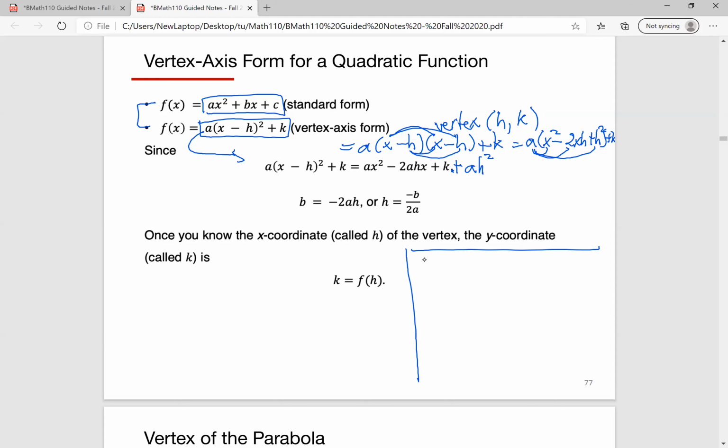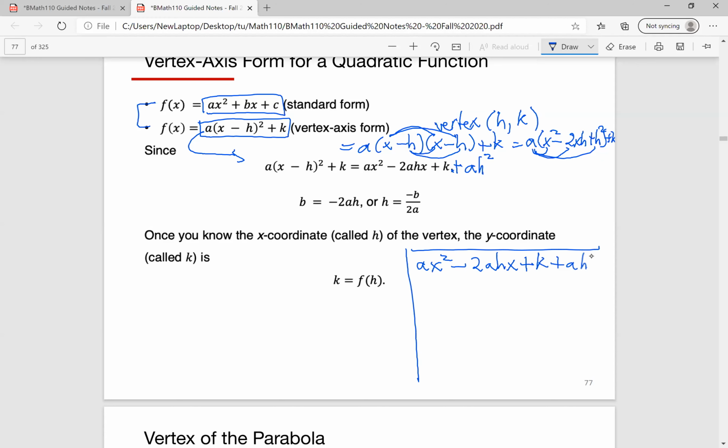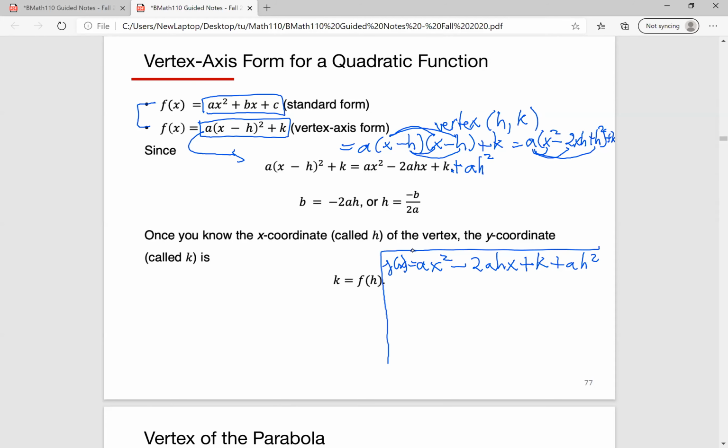I have ax squared minus 2ahx plus ah squared plus k, which equals f(x). So I just converted from the vertex axis form to this by substitution.